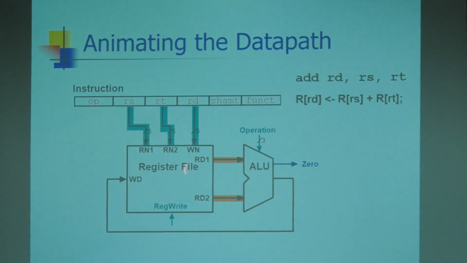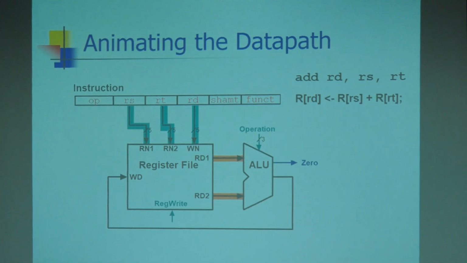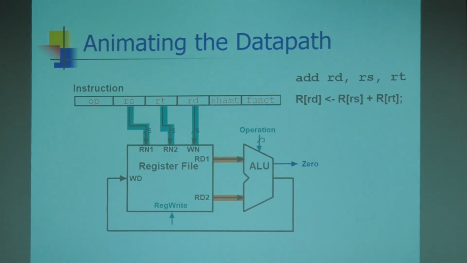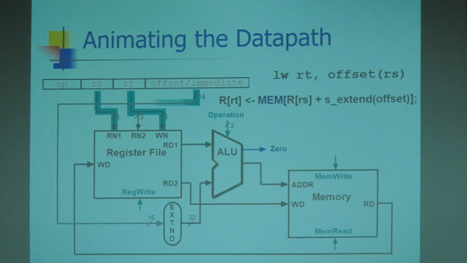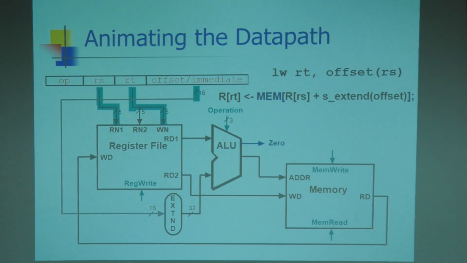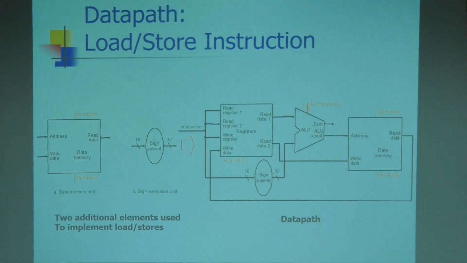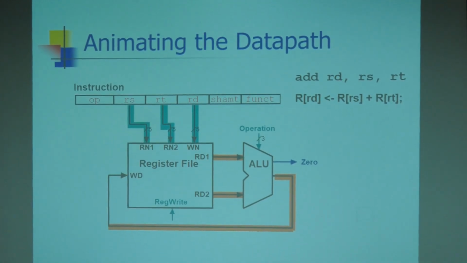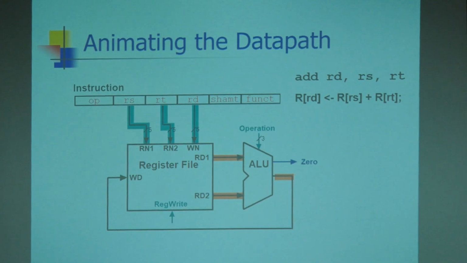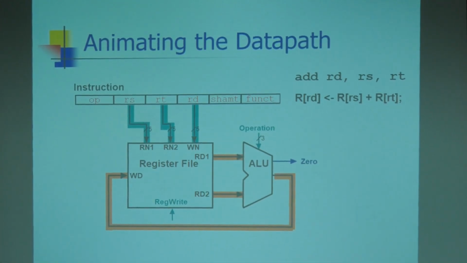Next is reading the 2 registers, in the example here R1 and R2. After that it is going to add. Next, the result is going to be written to the write register.